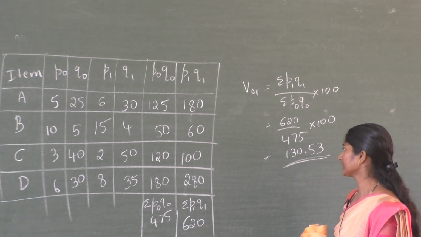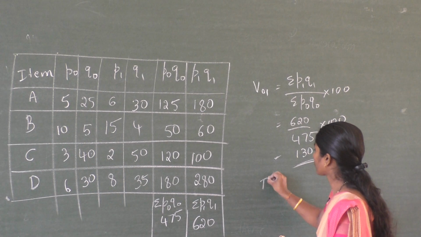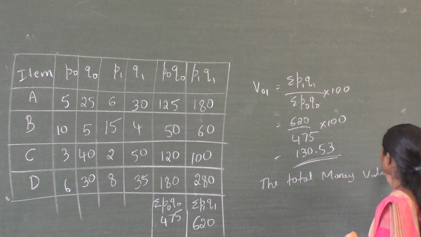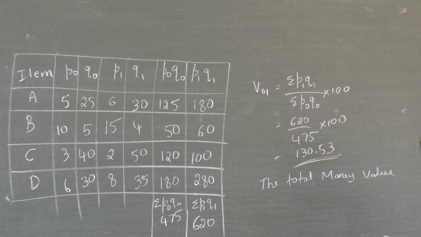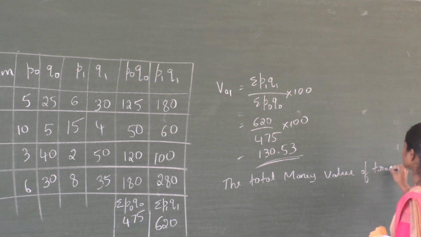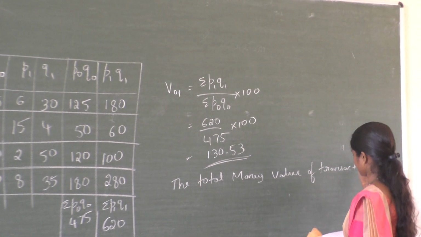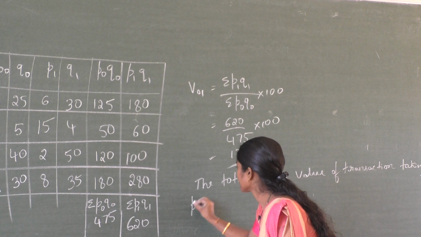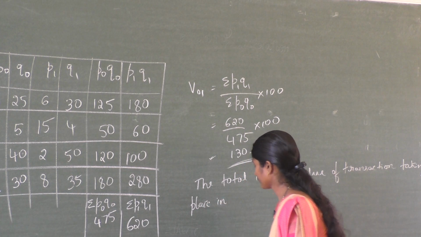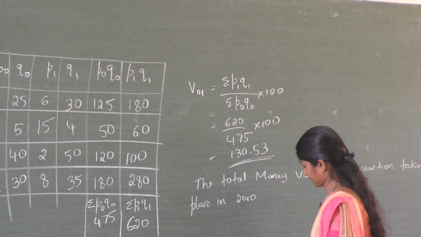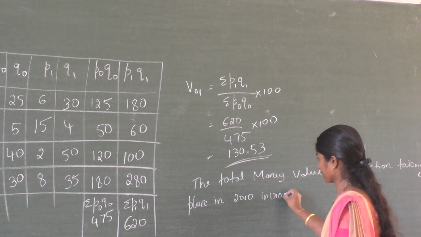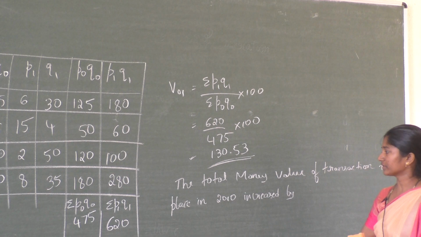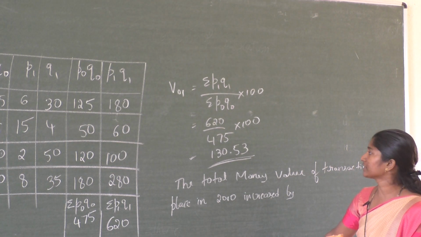If you are writing the comment, we write like this: the total money value of transactions taking place in 2010 increased by 130.53 minus 100.